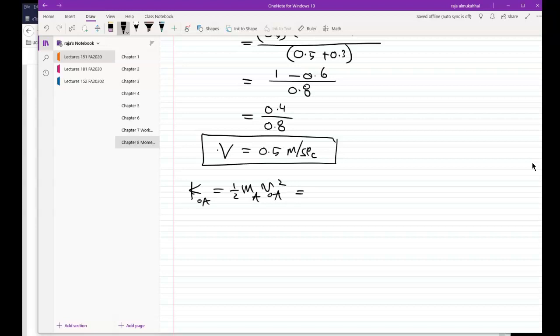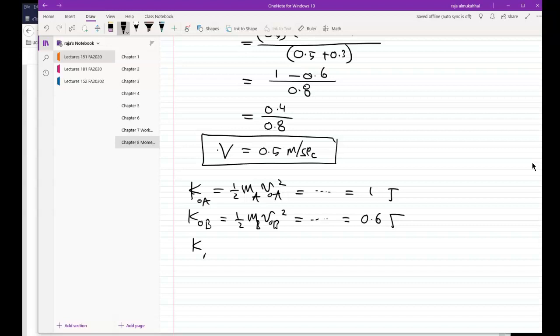You can plug in the numbers and you get 1 joule out of it. Kinetic energy of initial glider B, 1/2 m_B v_0B squared. You work it out, and he got 0.6 joule. And then the last one is the kinetic energy of the combined, you know what I mean?